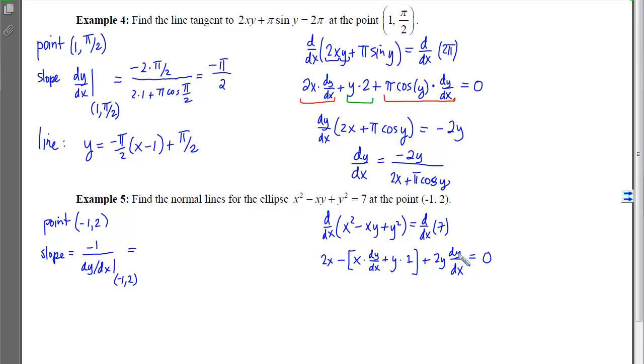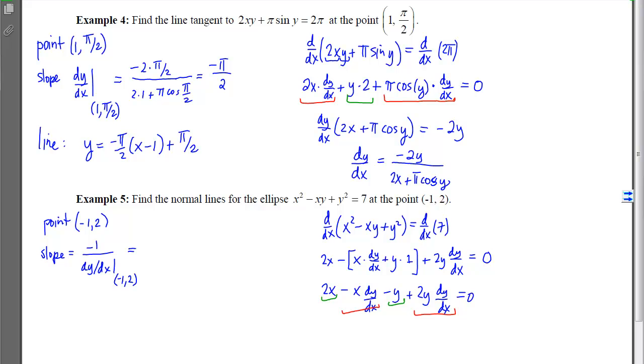Now looking here, I have dy dx showing up 2 times. So to isolate it, I need to get that dy dx showing up once. To get there, I'm going to need to distribute this negative and collect the things that have dy dx on one side and the things that don't have dy dx on the other. So I'll distribute that negative first. And then I'll realize that these two have dy dx's in them, whereas these two don't.